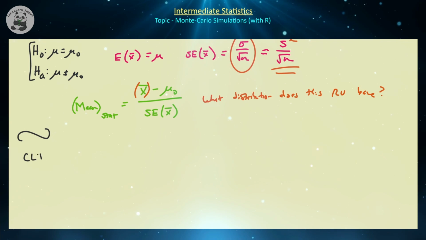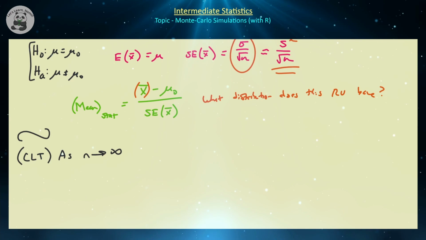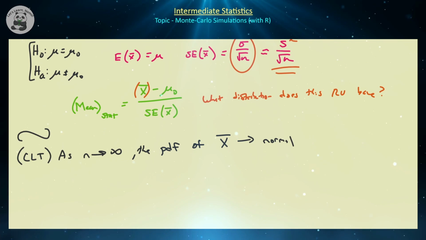So what usually causes the confusion is a misunderstanding of the central limit theorem. And it practically says the following. As n gets arbitrarily big, the probability density function of the random variable x bar approaches a normal distribution.